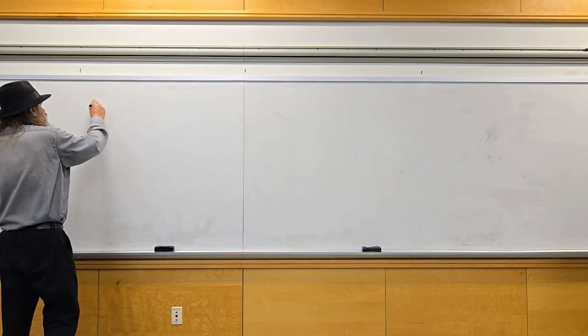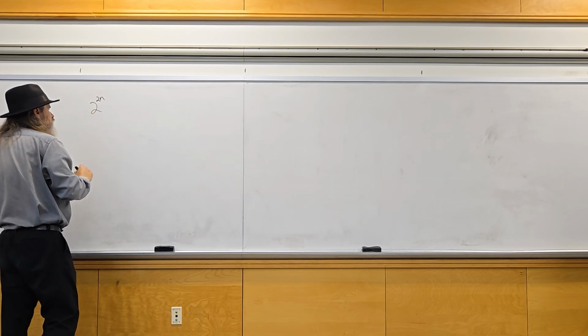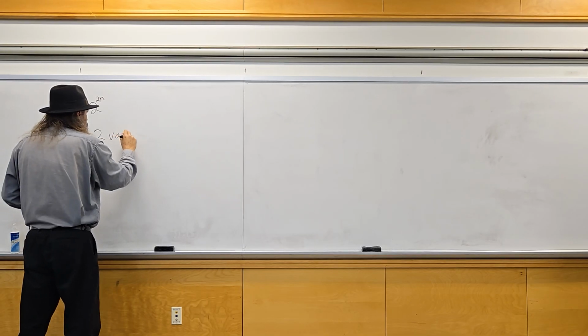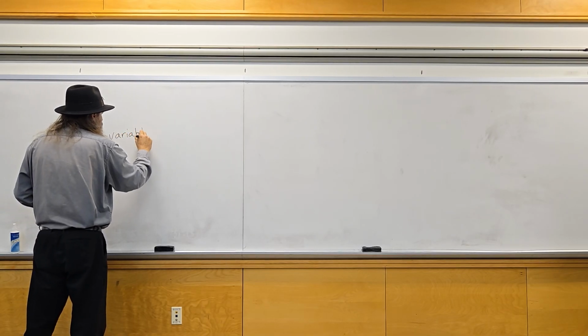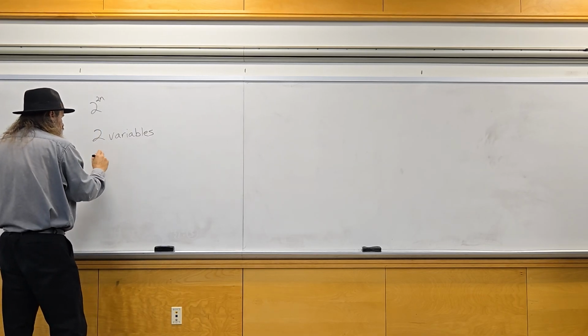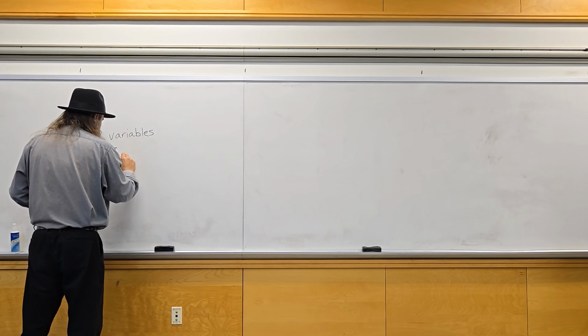The answer is 2 to the 2n. So if you have two variables, two literals, you can have 16 functions.